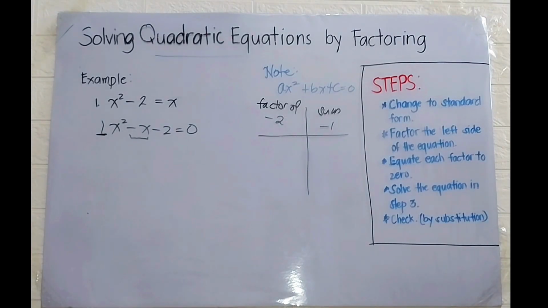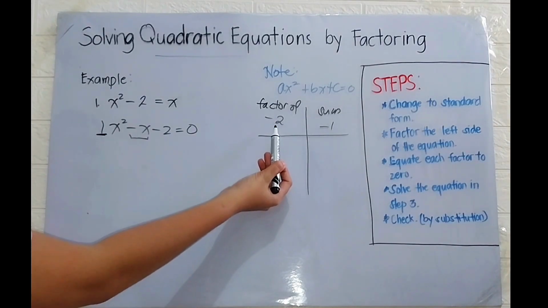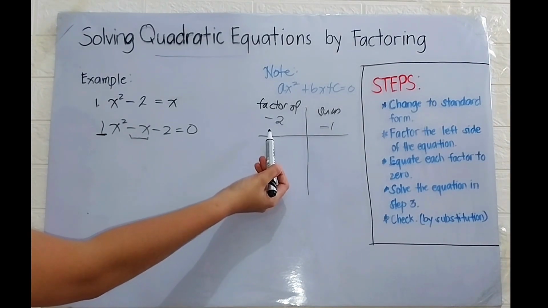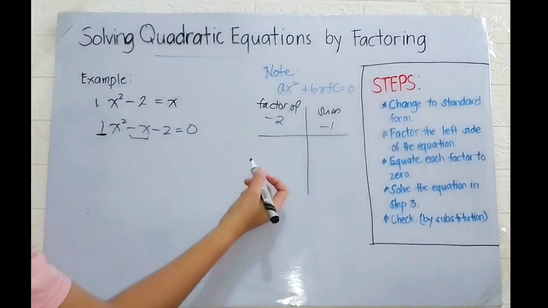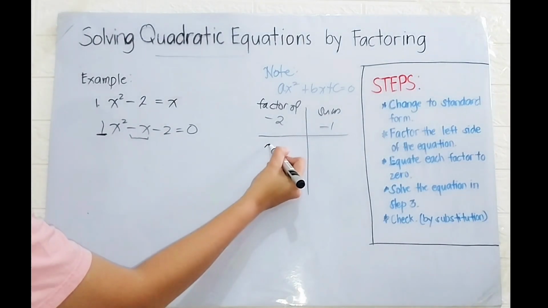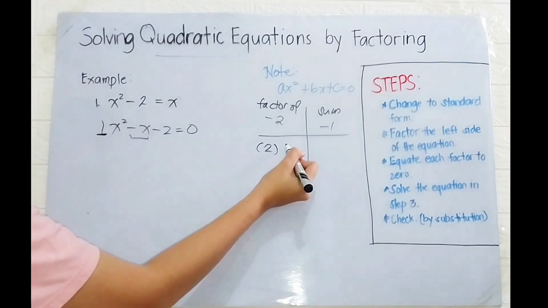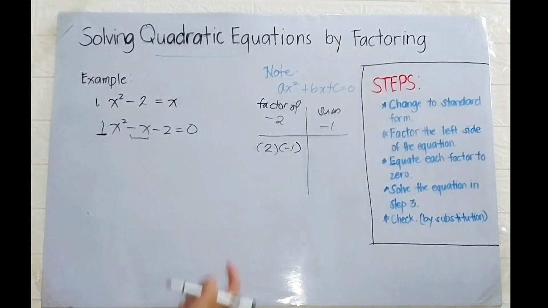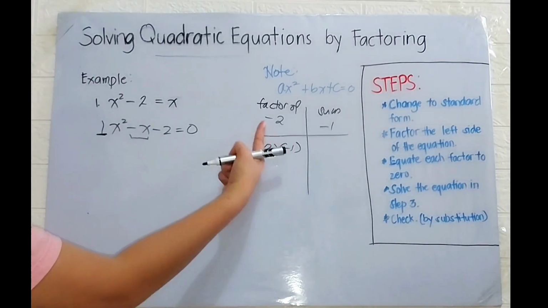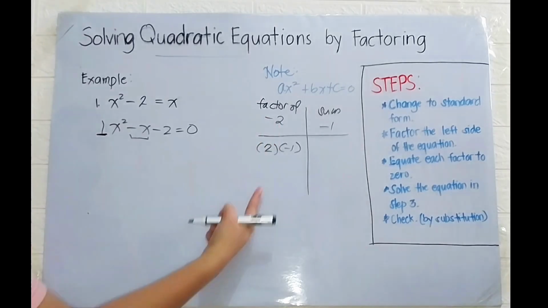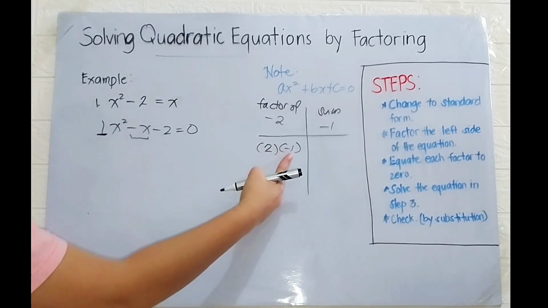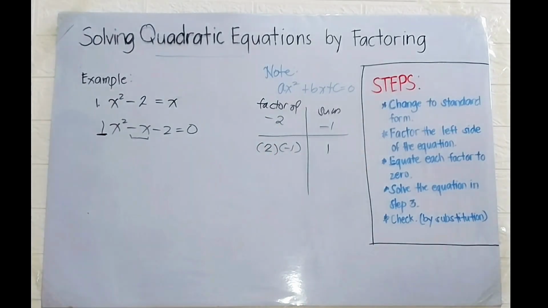So, ano ba yung factors ng negative 2? Since this is negative, one factor is positive, one factor is negative. So, let's try first positive 2 times negative 1. 2 times negative 1 is negative 2, and then 2 plus negative 1 is positive 1.